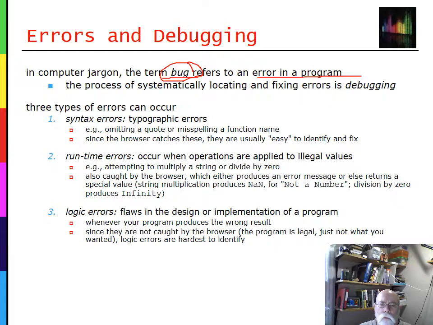So normally every language will talk about three types of error: a syntax error, which is you're forgetting a quote, or you're misspelling something, you haven't matched up the spelling of two different variables. Then you have what is called runtime errors, and attempting to multiply a string or divide by 0.